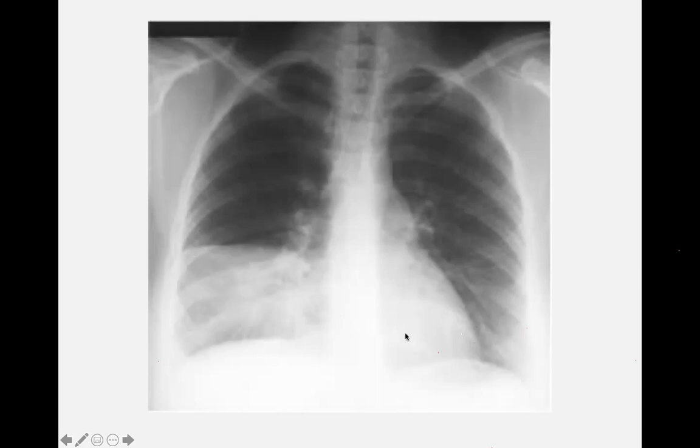It's within, it's less than 50% of the cardiothoracic diameter. Okay, and if you look at the diaphragm, now this is a bit hard to interpret because the penetration is not, as we said, really good.